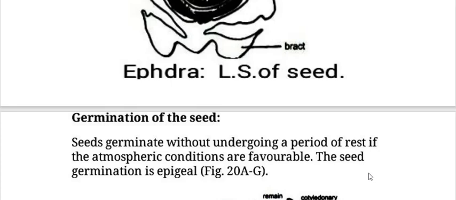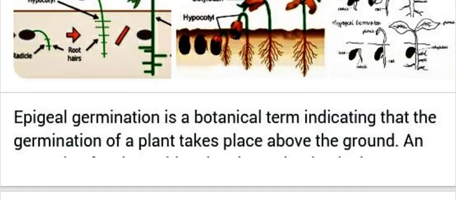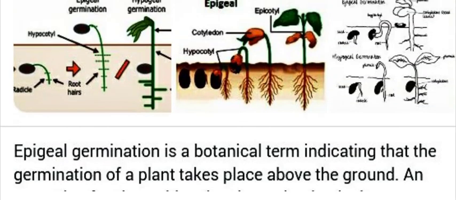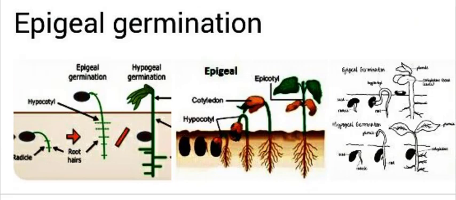The germination of the seed is epigeal in Ephedra. Epigeal germination is that in which the germination of the seed takes place above the ground, as this diagram is showing the epigeal germination of the seed.